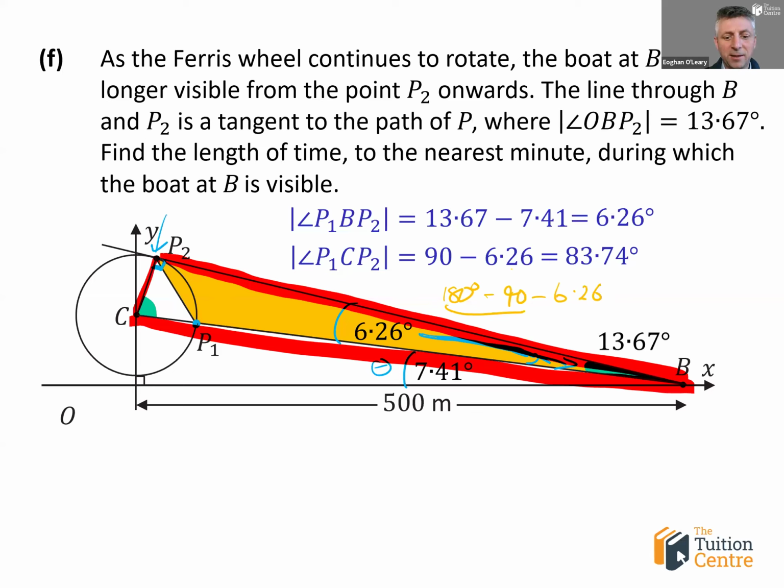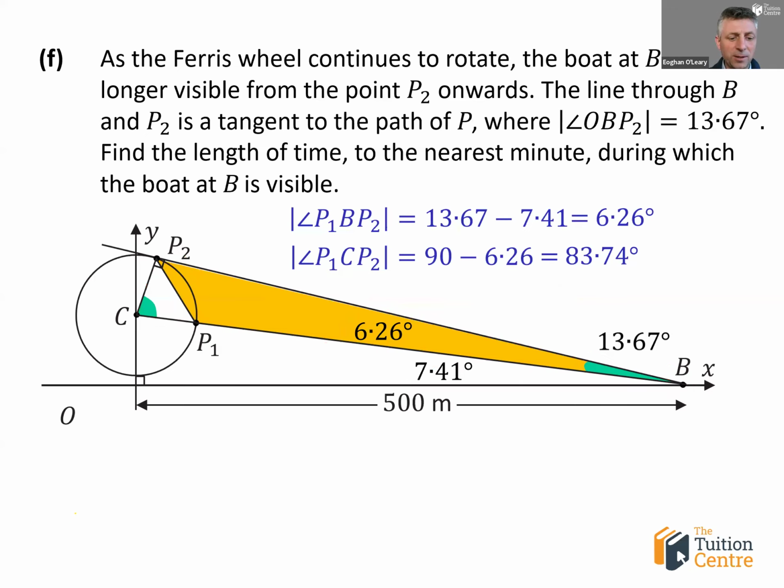When we take the 90 from the 180, we're down to 90. So that's where that 90 comes from up there. Now let me clear away all this because now we're down to the crunch of the question. This angle in here is 83.74 degrees.